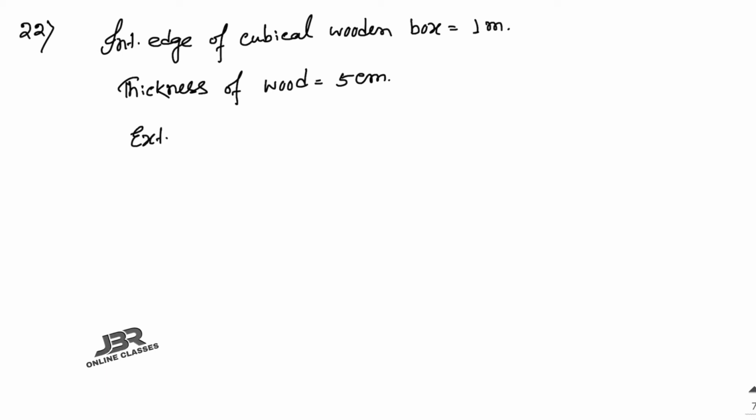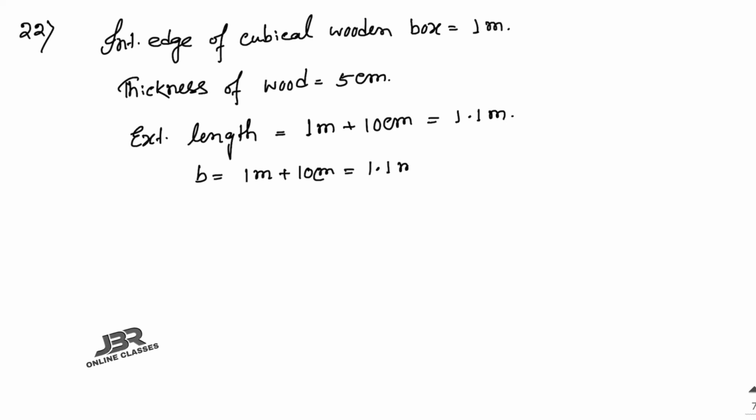Now external length equals 1 meter plus 5 plus 5, that means 10 centimeter. So it's 1.1 meter. Then breadth equals again 1 meter, because cubical means length, breadth and height are all the same. So again it's 1 meter plus 10 centimeter, that equals 1.1 meter.